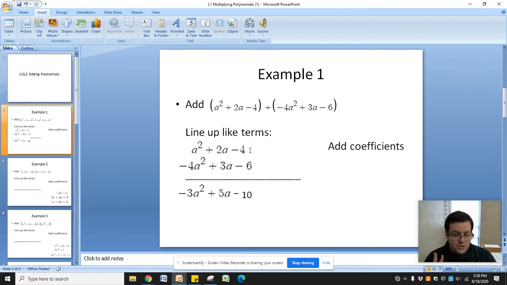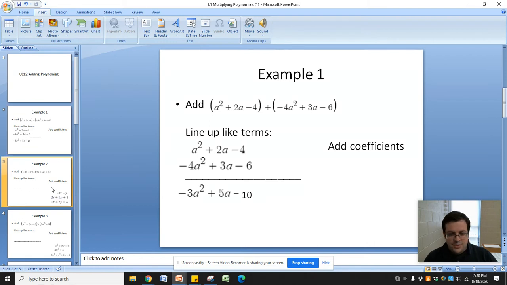The second condition is that not only do they have to have the same variables, but they also have to have the same exponents. And you'll notice that we are adding together a squareds with a squareds, a's with a's, constants with constants. That's the idea, that we are only combining those terms because they are like each other. So hopefully that makes a little bit of sense.